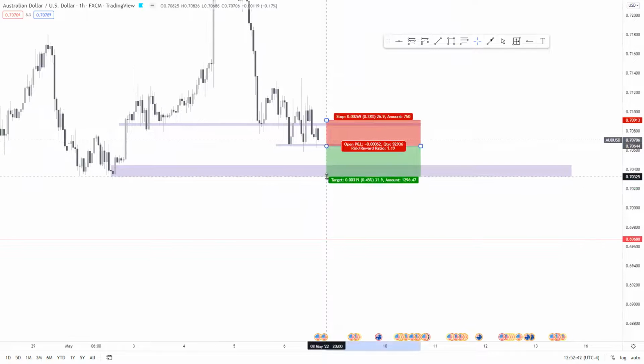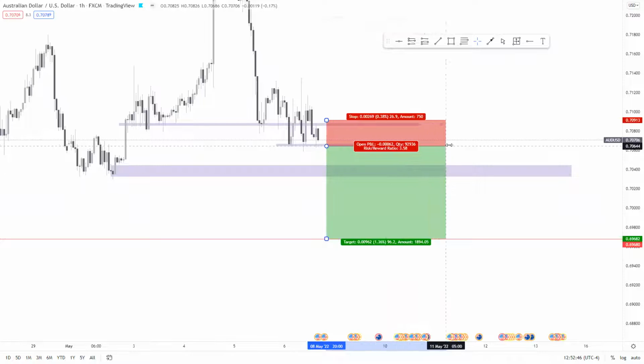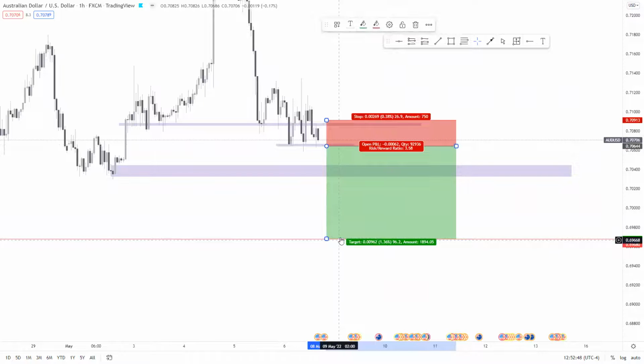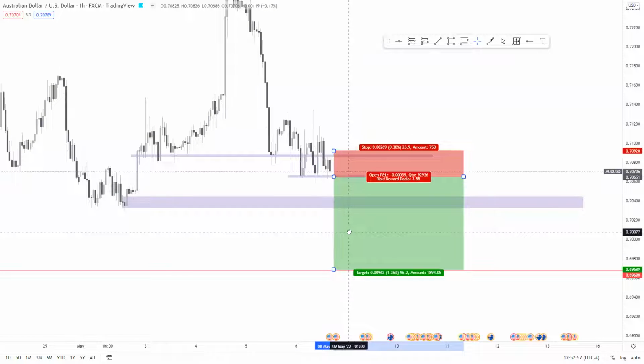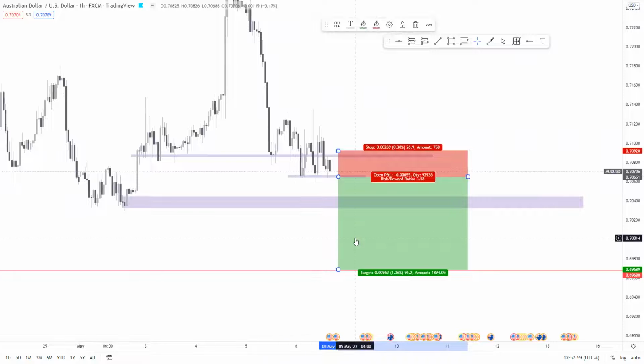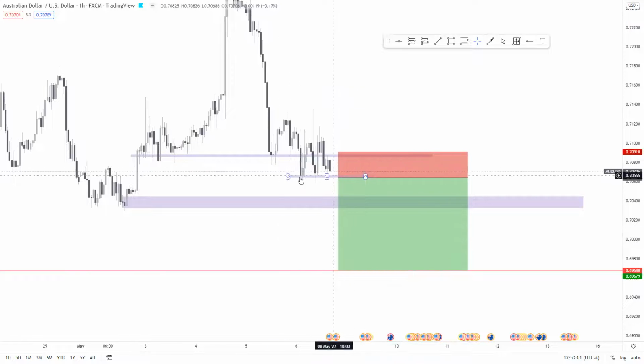My first take profit will be this low, and the second one will be the lows from before. This will give me a clean 1 to 3.5 risk to reward ratio, which makes more sense. But we'll see what happens on Monday. I'm not going to enter on this one after markets open.